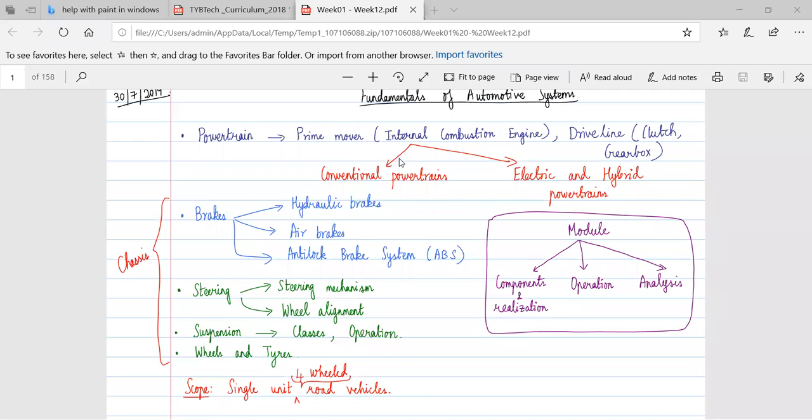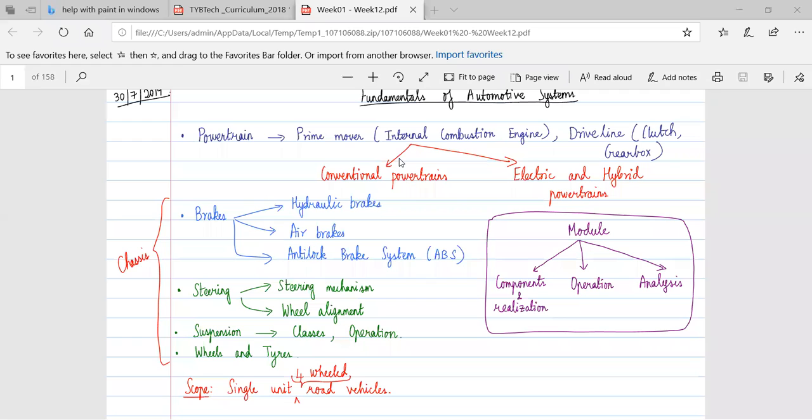Skidding is dangerous when the car is moving at high speed and we apply the brake. So to avoid such skidding, we use anti-lock brake systems, right?